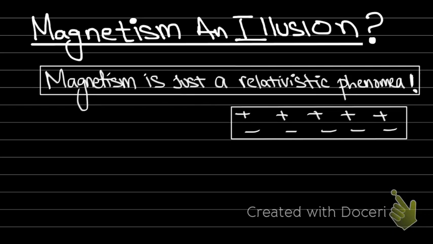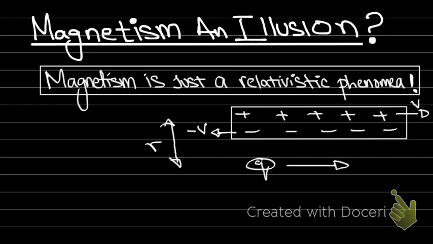The positive charges are moving in this direction with velocity plus v, and negative charges are moving in this direction with velocity minus v. And at a distance r, we have another charge q, which is moving towards the right with some velocity u.